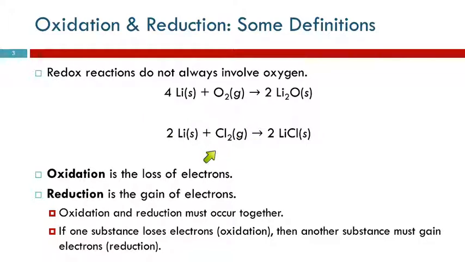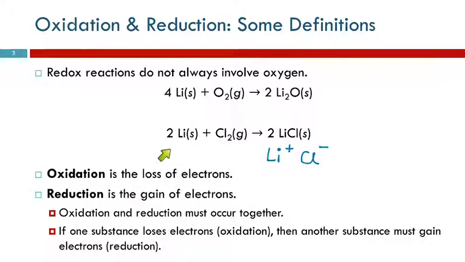So if we look at this, it might not be immediately obvious that electrons are being transferred. But lithium chloride is an ionic compound, right? What are the ions in lithium chloride? Li has what charge? +1. And chloride has what charge? -1.